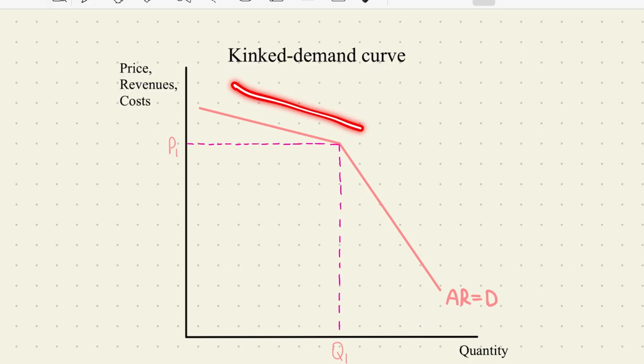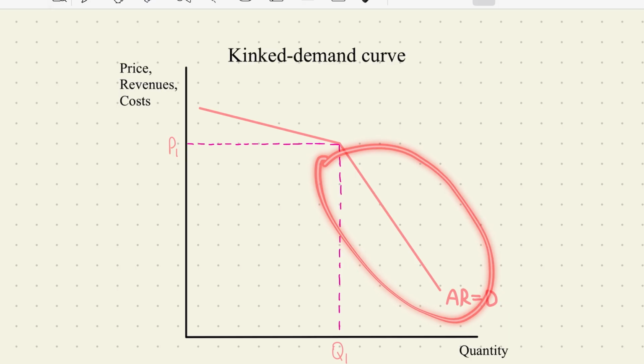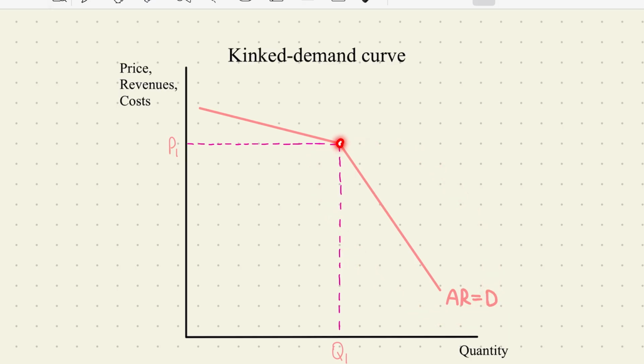So when we see a kinked curve, we need to think that there are different levels of elasticities at different levels of slopes. So at this point, we have a very different elasticity than at this point, right? And so this price comes at the middle point of those elasticities. How does that work? Well, we need to remember that companies compete on price, and they also compete on non-price factors.